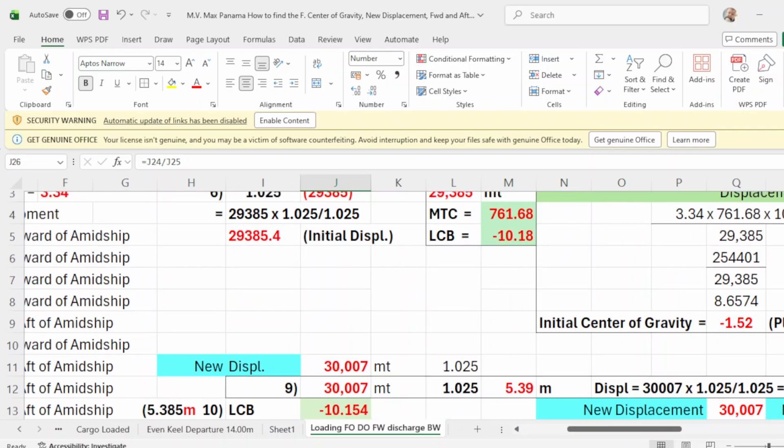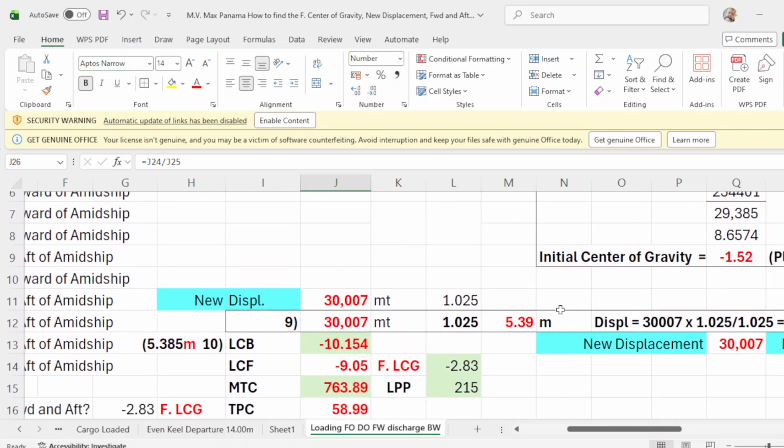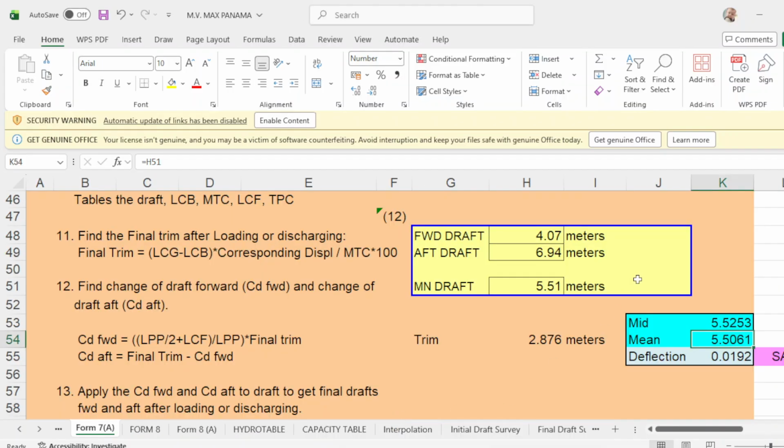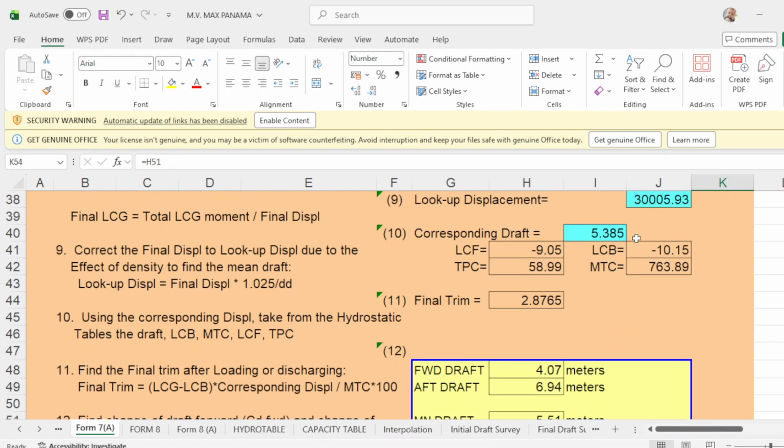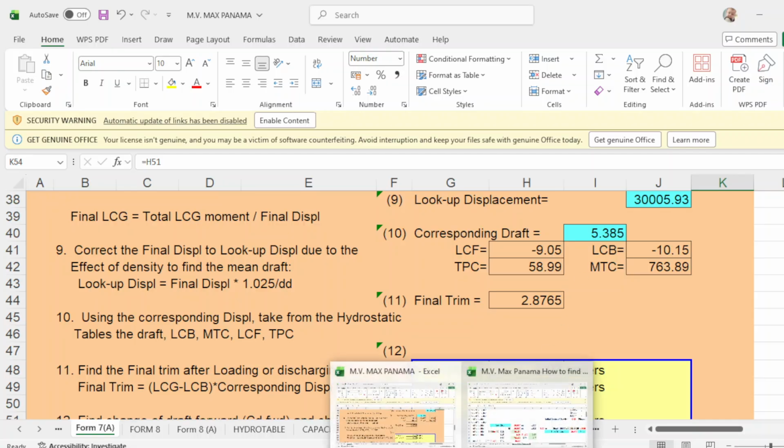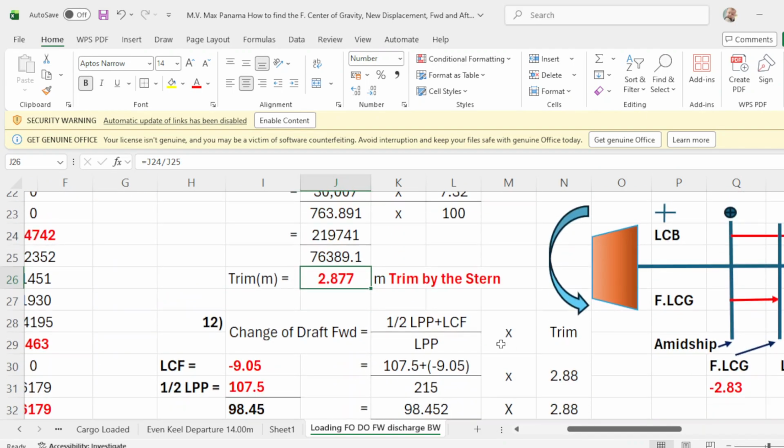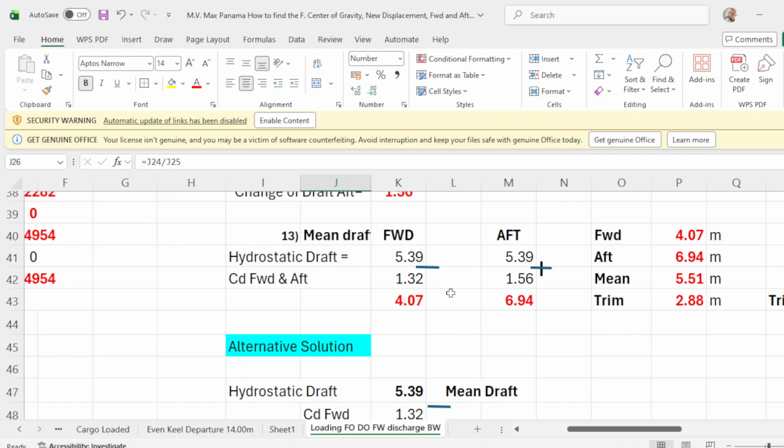This one, your new main drop of 5 point of this displacement. This is your main drop of 5.39 or 5.385, which is this one. This 5.385 corresponds to this displacement. Okay. So it is rounded off to 5.39, which is this one here.